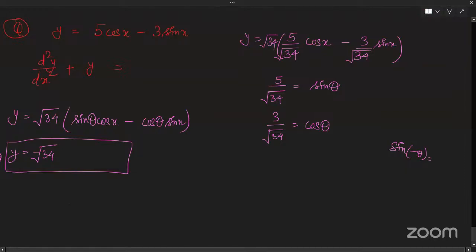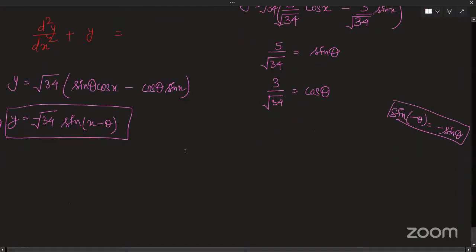Minus sine theta. So I have just taken this minus outside and written it as sine of x minus theta. Theta is again a constant, because the value of sine theta has been given to you as a constant value.